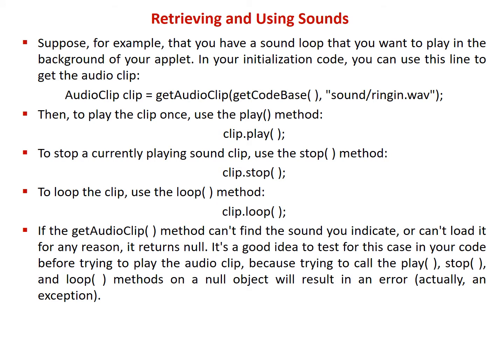Suppose, for example, that you have a sound loop that you want to play in the background of your applet. In your initialization code, you can use this line to get the audio clip.